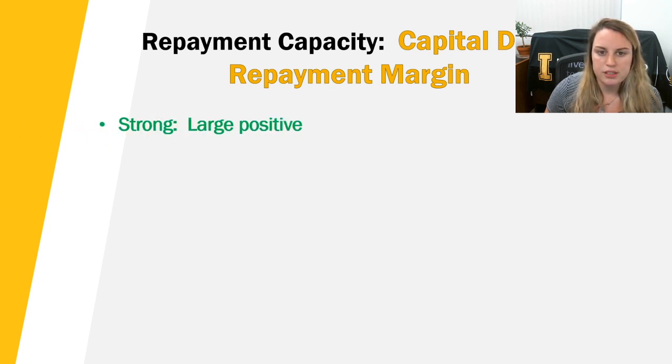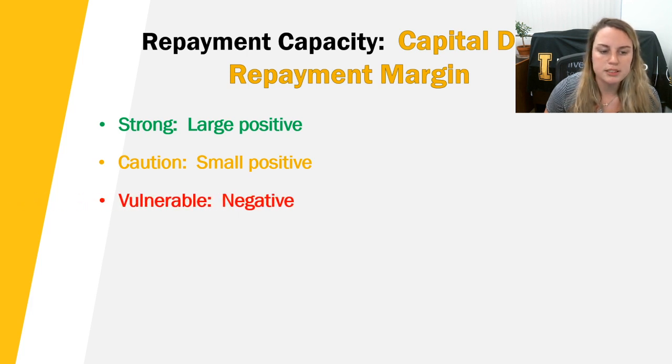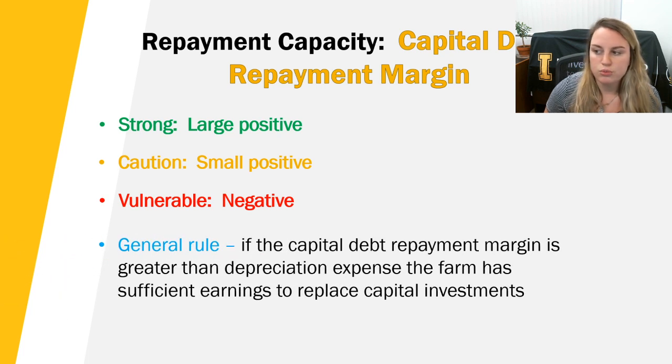With the capital debt repayment margin, you want a strong, large positive; caution is a small positive; and vulnerable is a negative. As a general rule, if the capital debt repayment margin is greater than depreciation expense, the farm has sufficient earnings to replace capital investments.